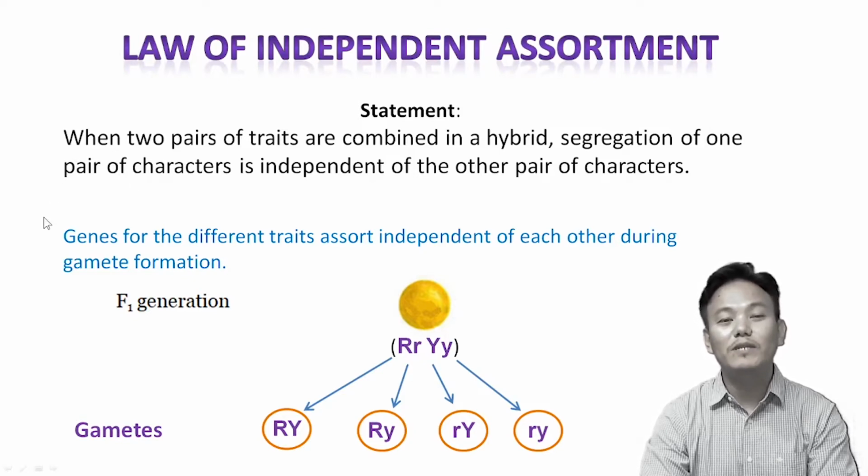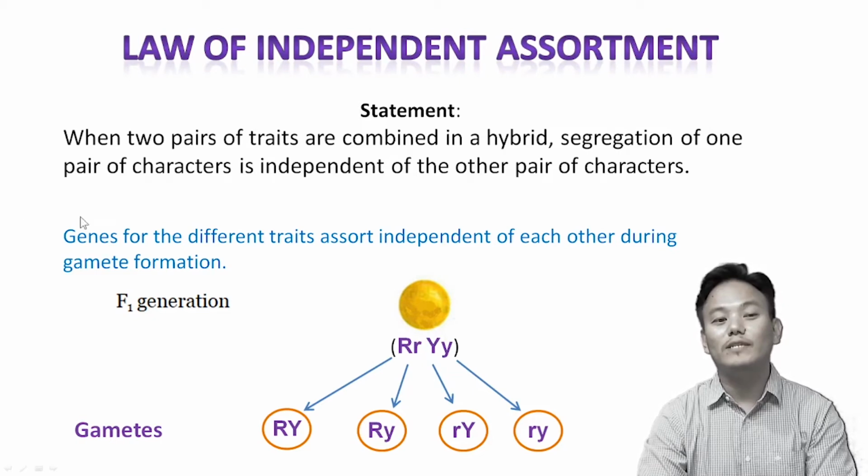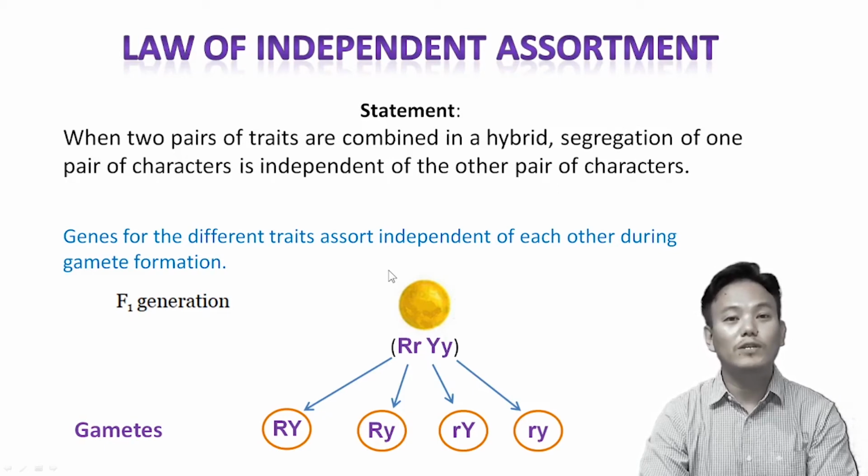The arrangement of the homologous chromosomes at the metaphase plate, or metaphase 1, is random. It is very random, so therefore they can segregate or separate in a random manner. That particular concept will explain this law in a better way. So we will look into that in our next videos.